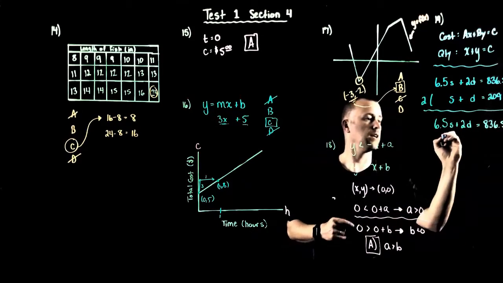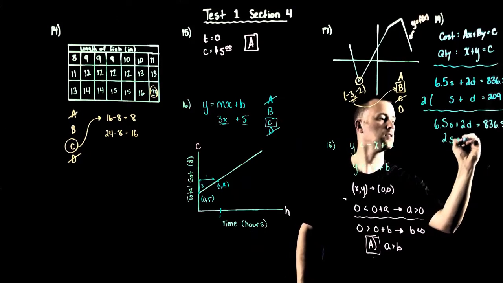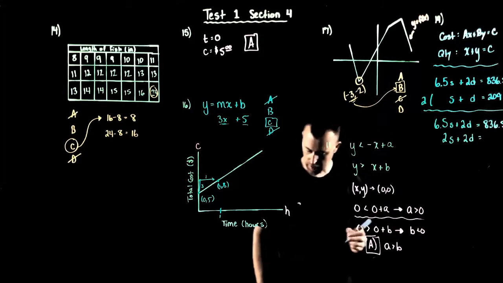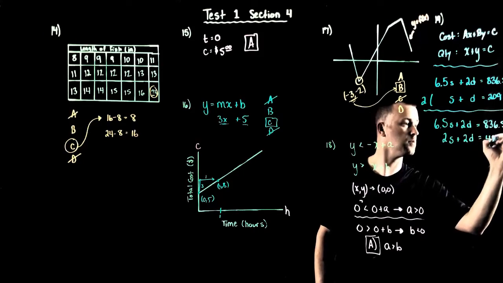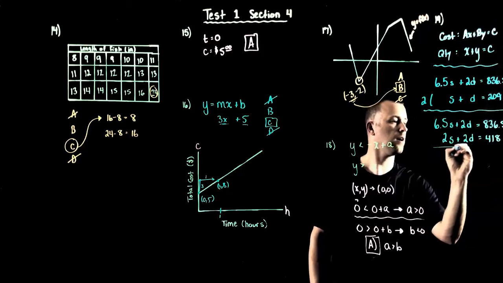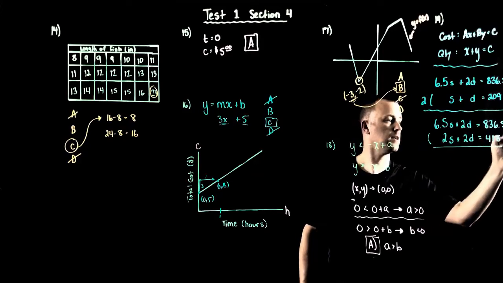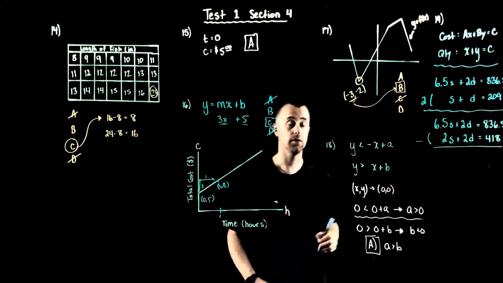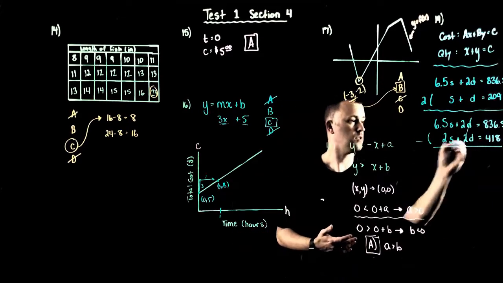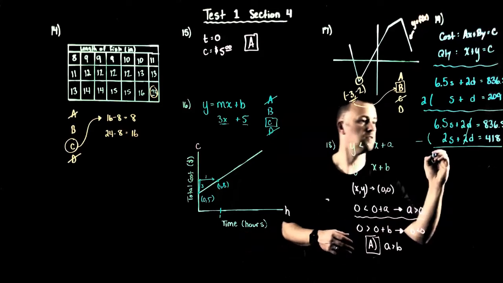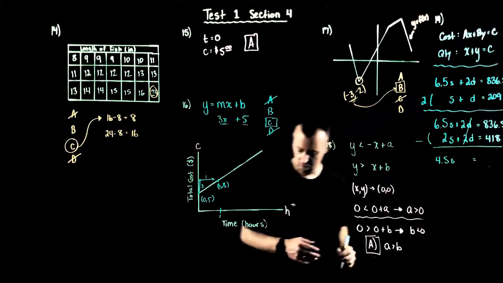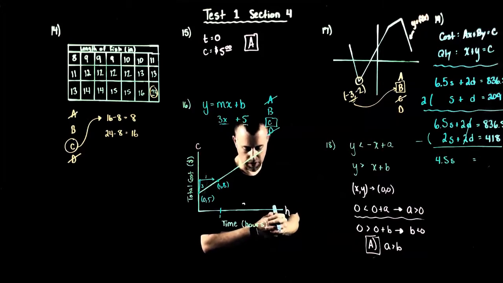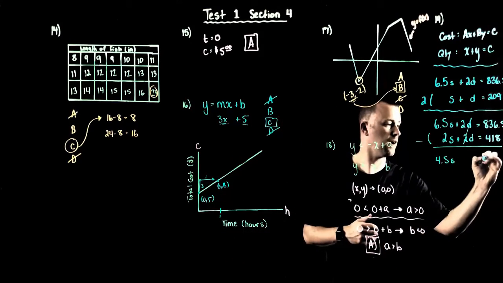My second equation, I get 2s plus 2d, and in this case, that's going to give me 418, 209 times 2. And now I am going to subtract. Again, my goal is to eliminate the d, so when I subtract, those d's are going to cancel. That'll give me 4.5s equals, and you may want your calculator for this, 418.5.